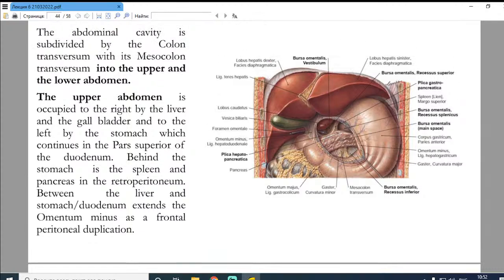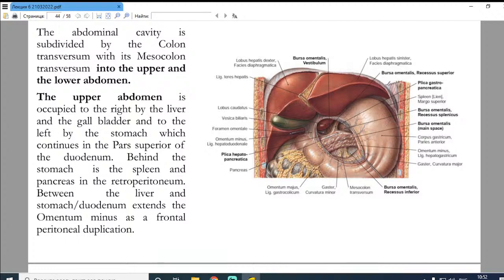The upper abdomen is occupied to the right by the liver and gallbladder, and to the left by the stomach, which continues in the pars superior of the duodenum. Behind the stomach are the spleen and pancreas in the retroperitoneum.